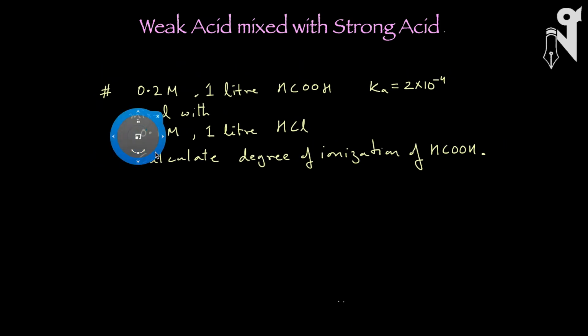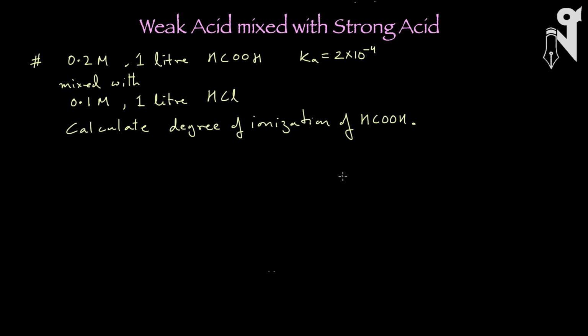Before the main logical question, I would like to ask, once the formic acid is mixed with the HCl solution given, would the molarity remain what is mentioned, 0.2 for formic acid and 0.1 for HCl? Would the molarity remain same? So obviously not. We had 0.2 moles of formic acid in 1 liter.